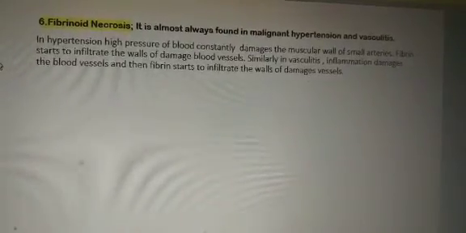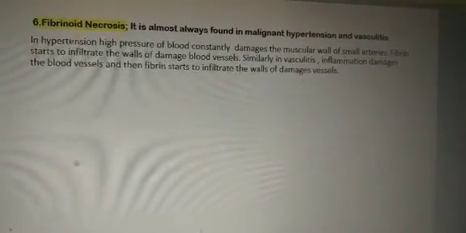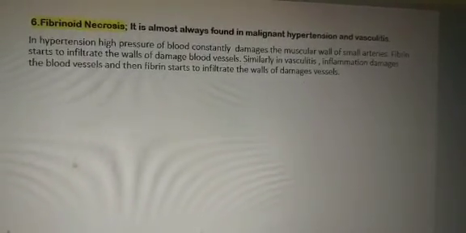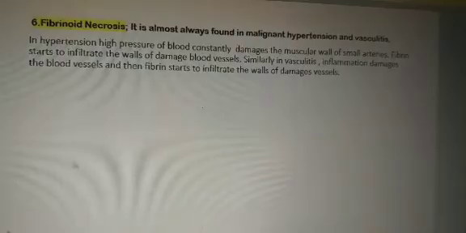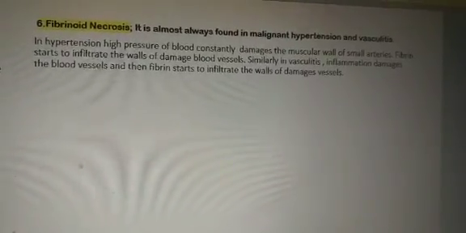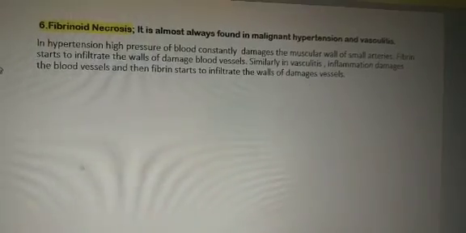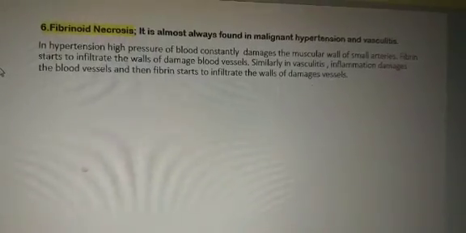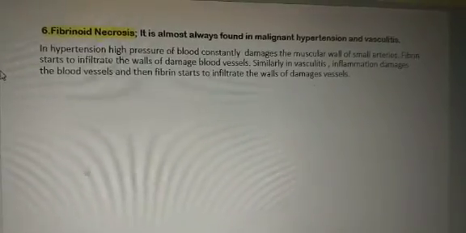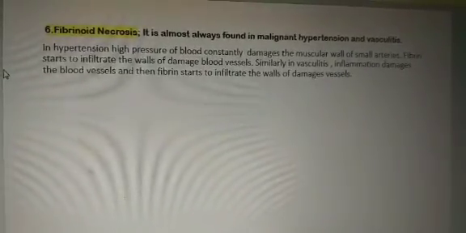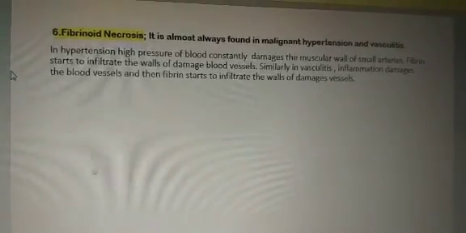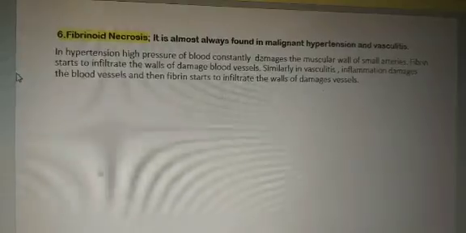Okay, and fibrinoid necrosis is almost always associated with malignant hypertension and vasculitis, where there is injury to the endothelial cells of the blood vessels, and that makes it possible for fibrin, or fibrinogen, which is a plasma protein, to infiltrate the damaged vessel walls and deposit there.